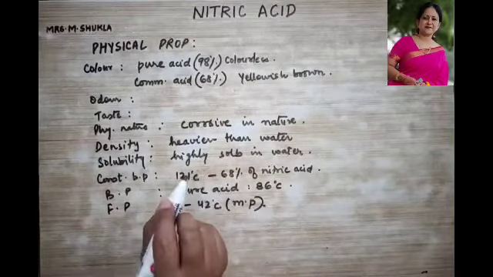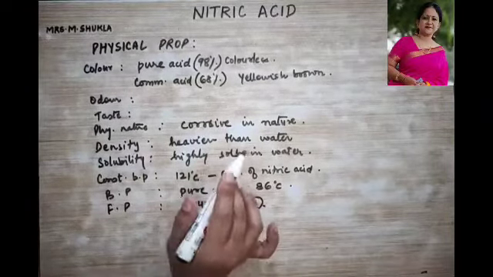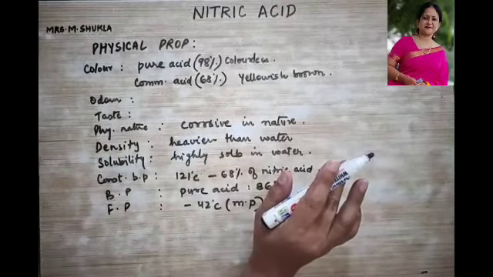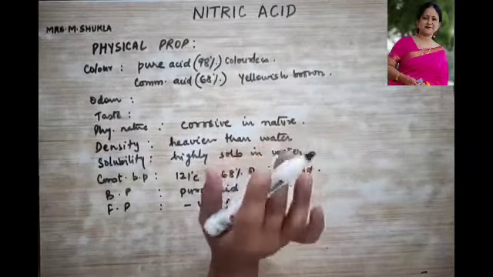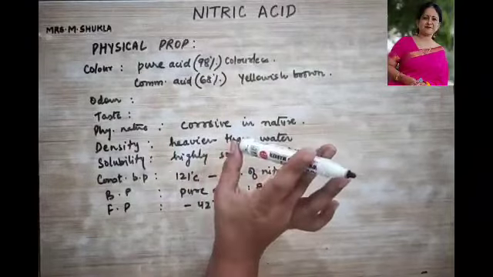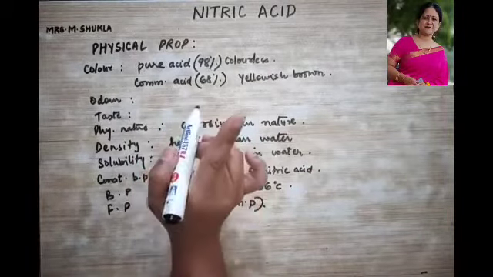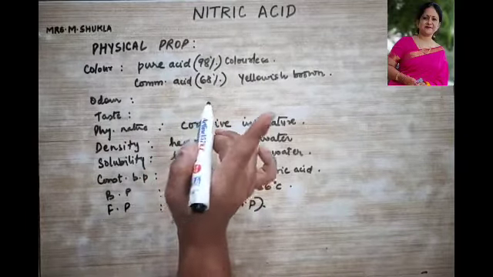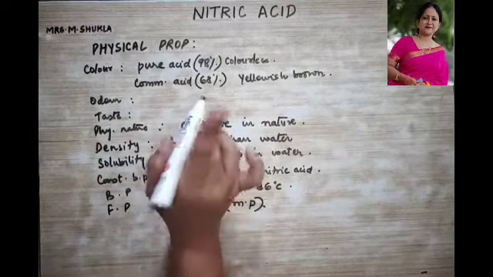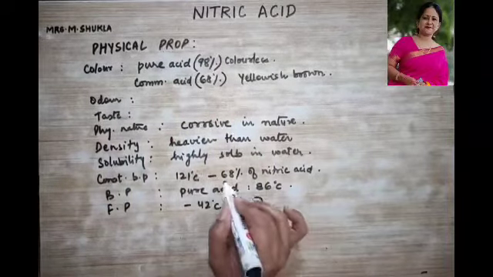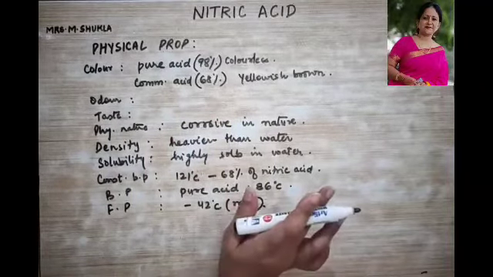Now, once again, going back to distillation or boiling, it cannot be used to concentrate the nitric acid beyond a certain concentration. In an aqueous solution of nitric acid, a constant boiling mixture is formed at 121 degrees Celsius, which contains 68% nitric acid.